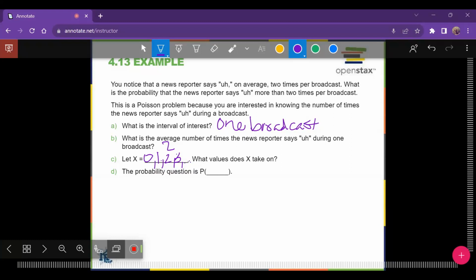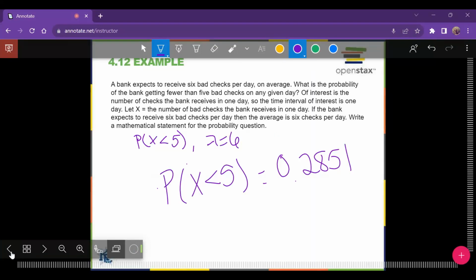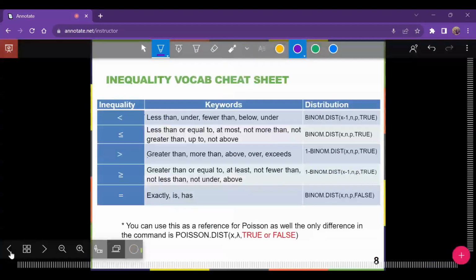So that X is greater than 2. So we could go back to that sheet and see what the rule is for greater than. So if we're looking at greater than, we would do 1 minus. We're doing Poisson distribution in this case. So I'm just going to put p.dist to indicate that Poisson distribution. And then we're using our x exactly as it is and our lambda.